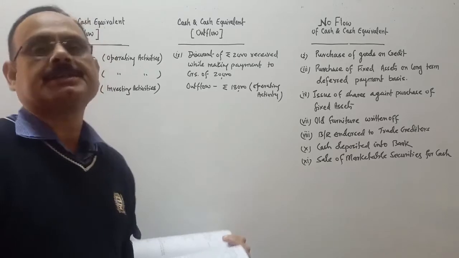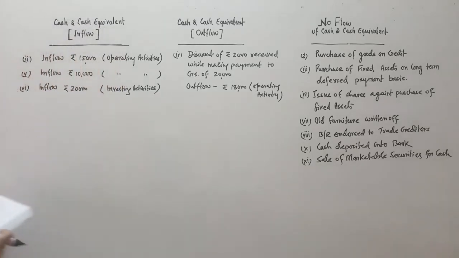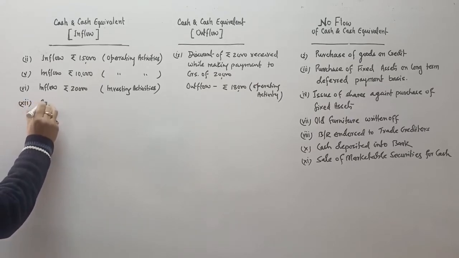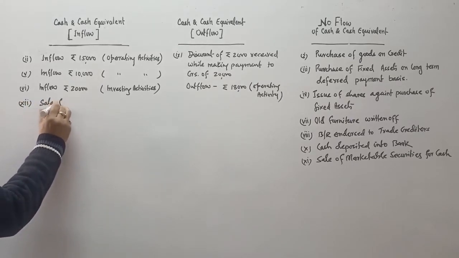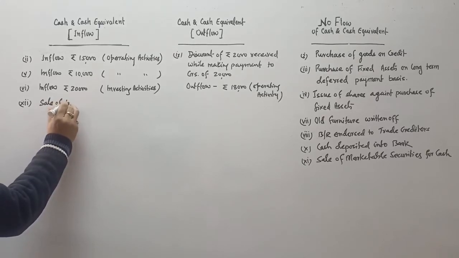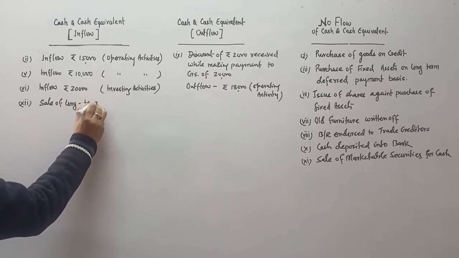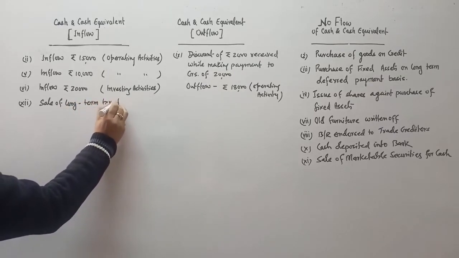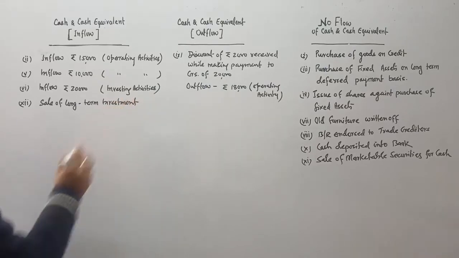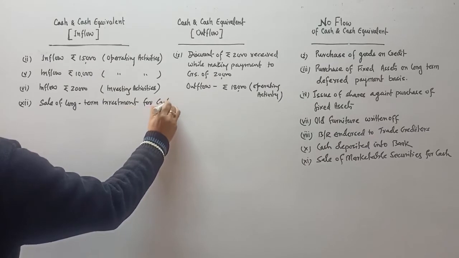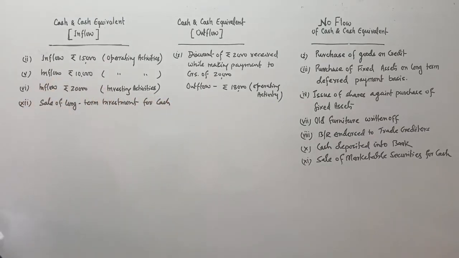Sale of long-term investment. So it's an inflow. Transaction number 12, sale of long-term investments for cash, is an inflow.